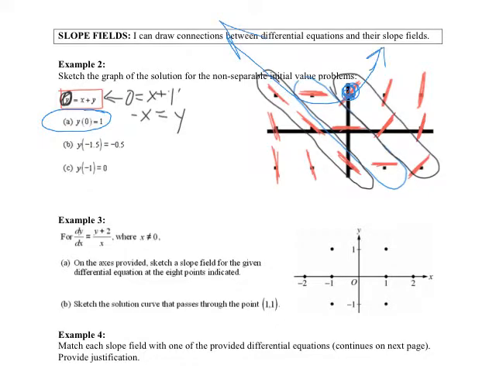It's kind of hard to see because we don't have a lot of points plotted, but let's try another initial condition. We want to go with the point (-1.5, -0.5), that would be about right here. Looks like the slope field slopes in this direction.